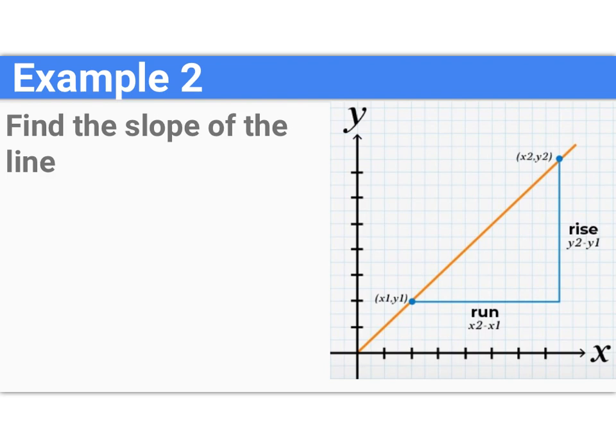Okay, so find the slope of the line. Again, what you are looking for is where the line goes through the corner of a box. And since these points are already here for you, let us use the points that we have. So let's call this 1, 2, 3, 4, 5, 6, and 7. And look, this point is at 7.5.